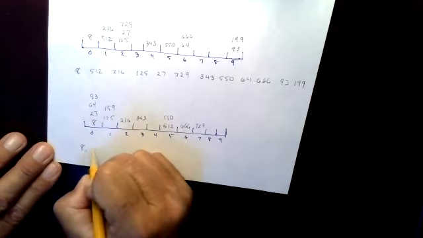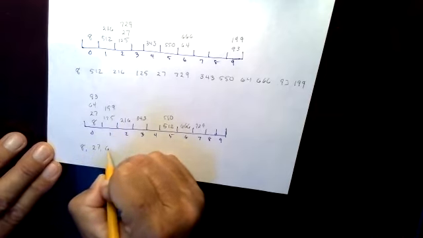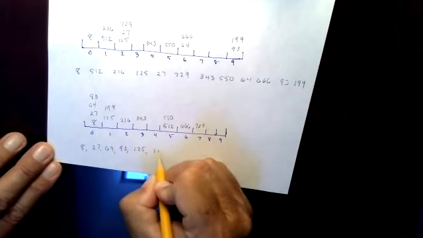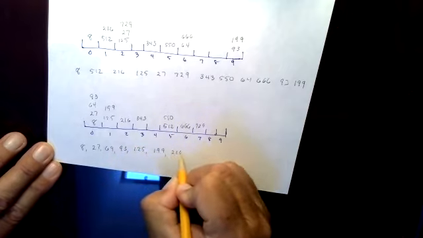Bottoms up, up, up: 8, 27, 64, 93, 125, 199, 216.